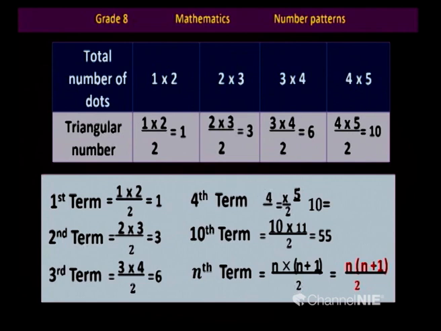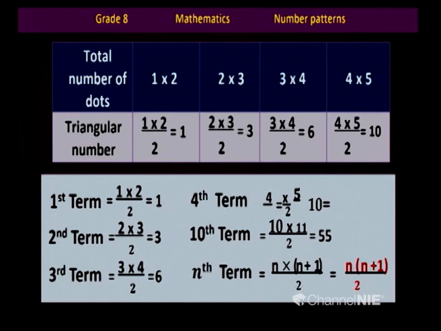So, 1 multiplied by 2 divided by 2, then I can get the value of the first term of the triangular number pattern. Value of the second term, we will get 2 multiplied by 3 divided by 2. You got the value as 3, that is the value of the second term.